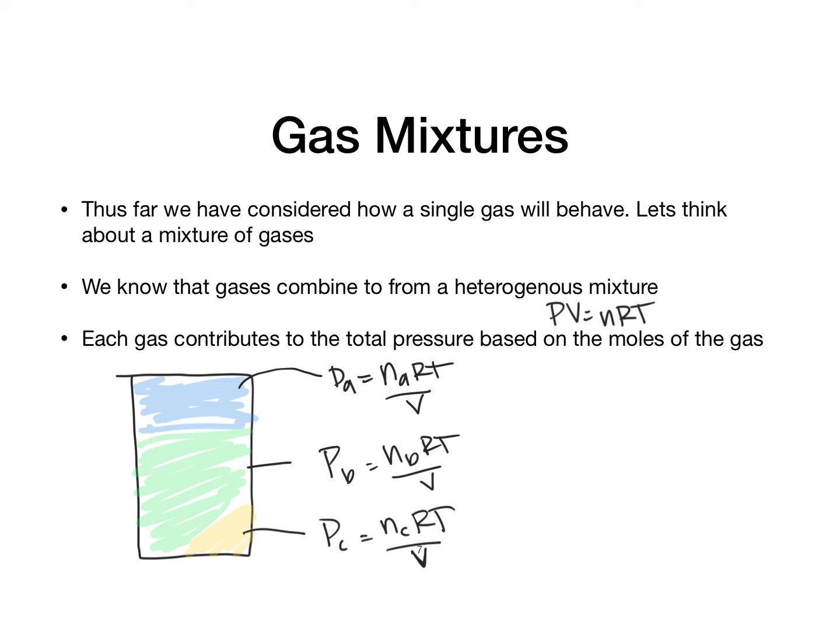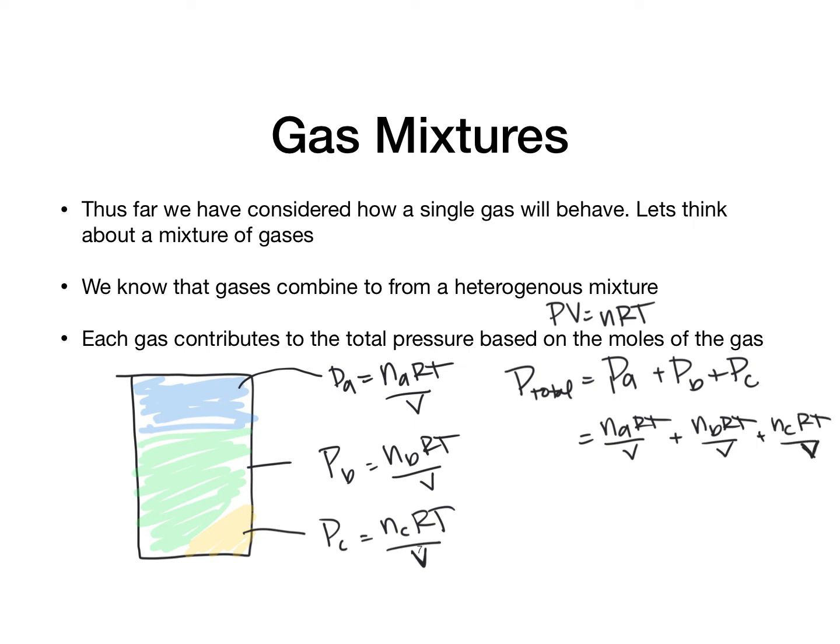So if we were to want to think about the total pressure in this system, P total, which is the total pressure, is equal to the pressure of A plus the pressure of B plus the pressure of C. So all of these pressures add up to one another. So we could also rewrite that as NA RT over V plus NB RT over V plus NC RT over V. And this is all in one container, so they all have the same volume and the same R value and the same temperature.